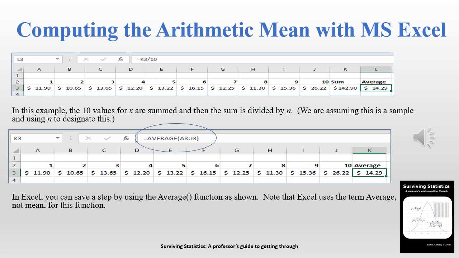Excel also has a pretty cool function called the average function, and the average function just lets you average a range of values. So with this illustration, you see the function average, and within the parentheses, the parameters of that function are averaging out A3 through J3. Do realize, though, that Excel does not call this the mean, it calls it the average.